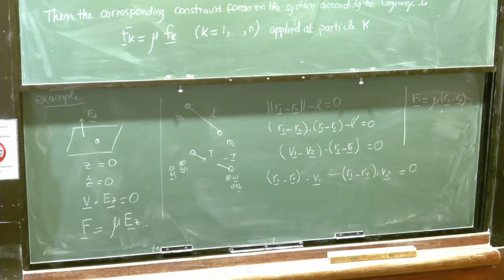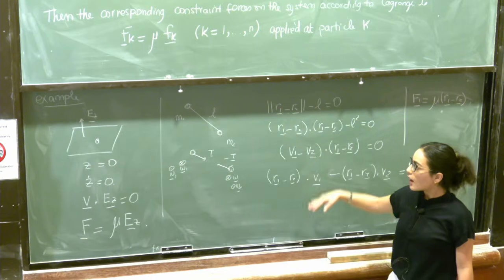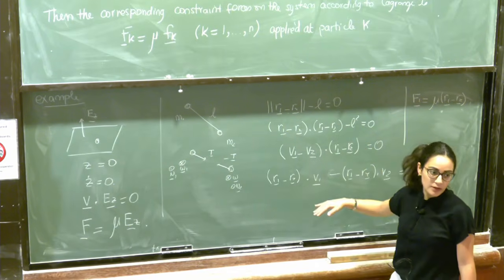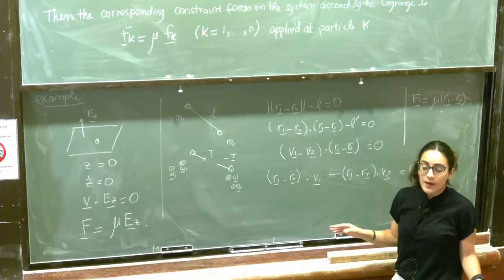Yes? In the original F1 dot V1 equation, how do you get to the R1 minus R2 for F1? I'm just comparing these two forms. I start with the constraint and I write it in a form that looks like the other one. By the way, this is not magic.